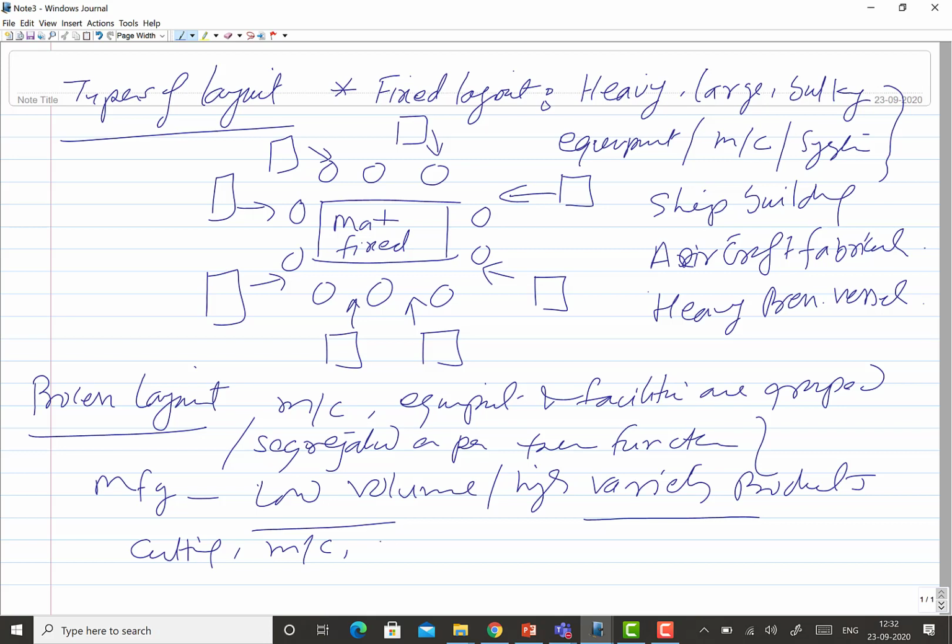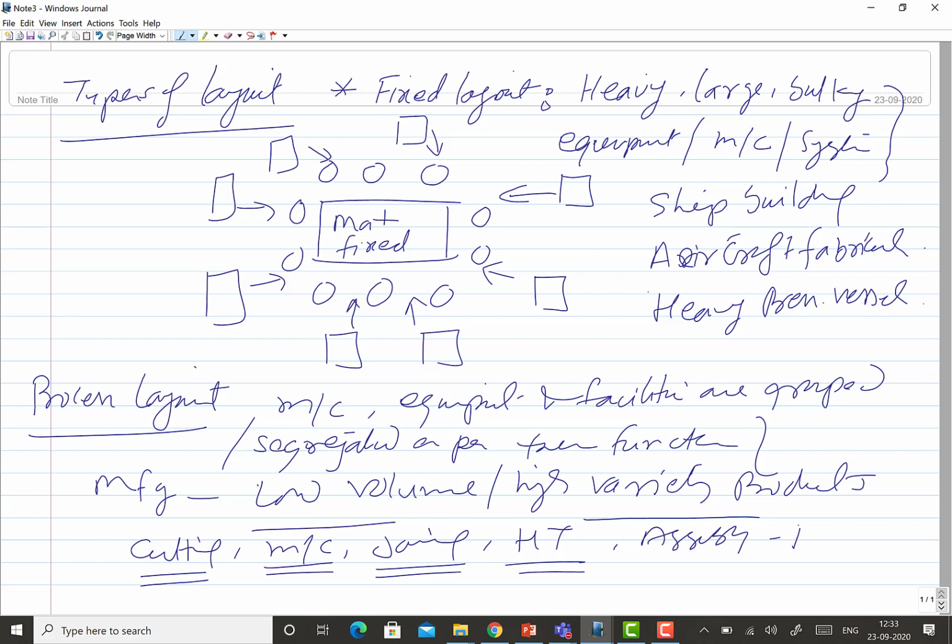Then there is a joining section where different types of joints are developed. Then there is a heat treatment section, where different furnaces are arranged and heat treatment is carried out. In these sections there will be a number of facilities used for a wide variety of products.